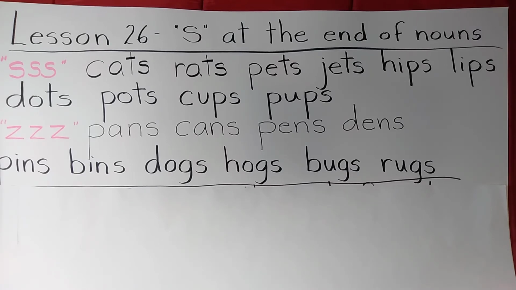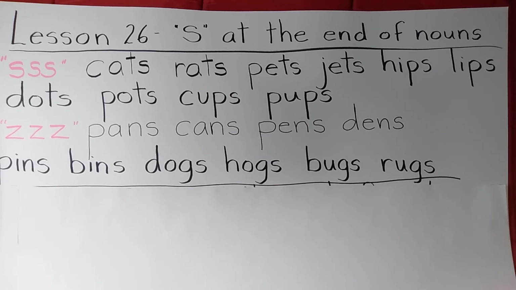If you put an S on the end of a noun, you make it say more than one. We call that plural. So students, say plural. Plural. That means more than one.